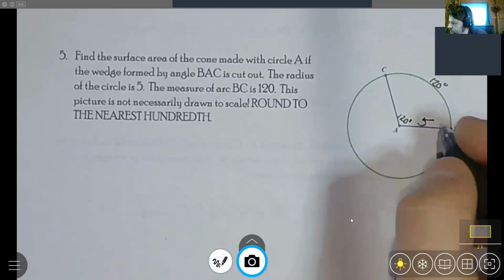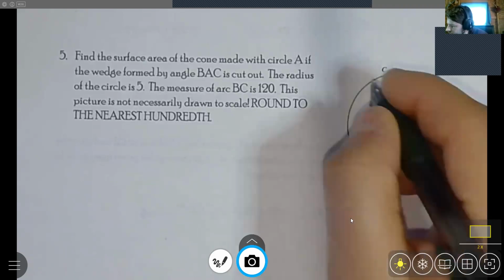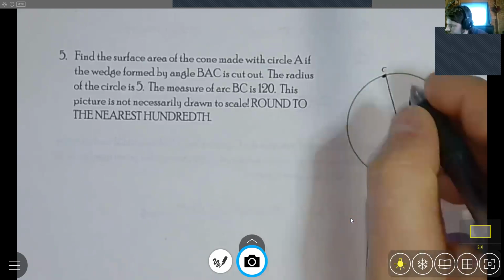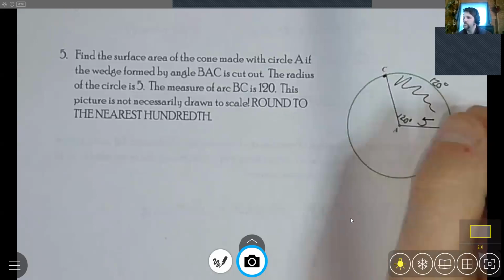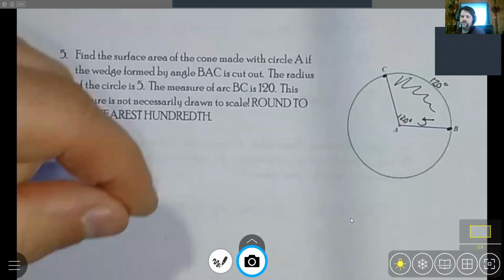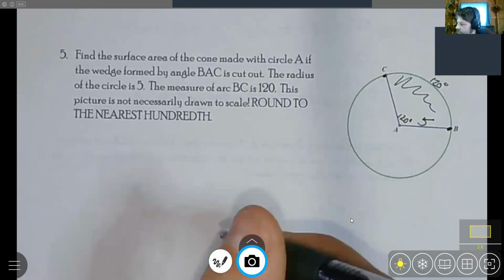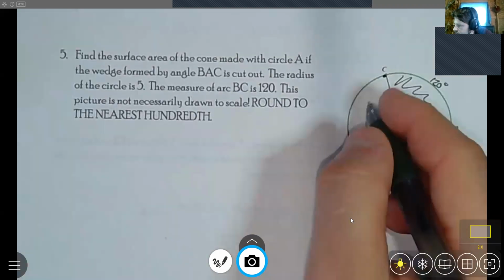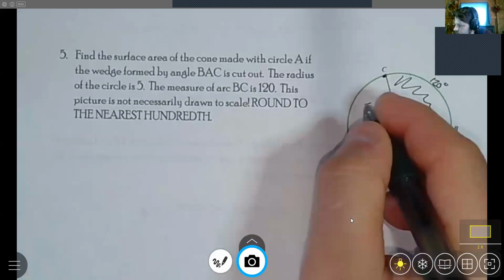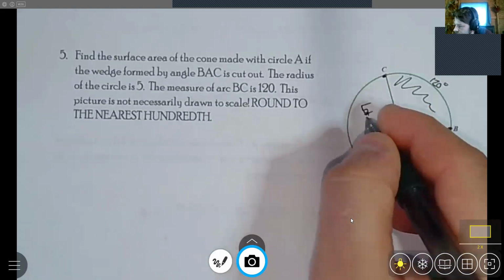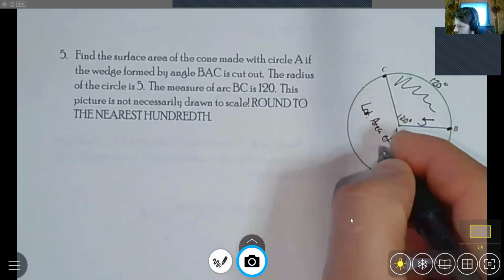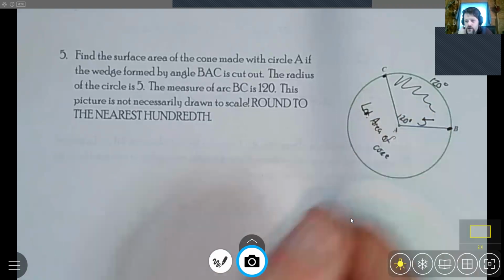Oh well, if you take this piece here and you connect B and C together, because this is all cut out, then when you connect B and C together, you end up with a lateral area of a cone. So this here is going to equal the lateral area of the cone. So how do we figure out what the area is?